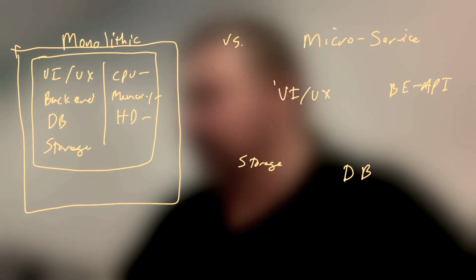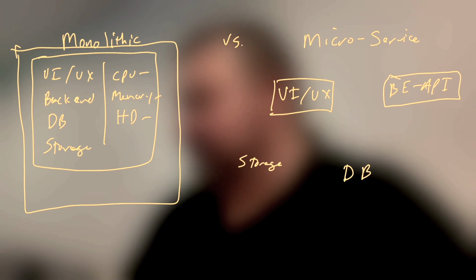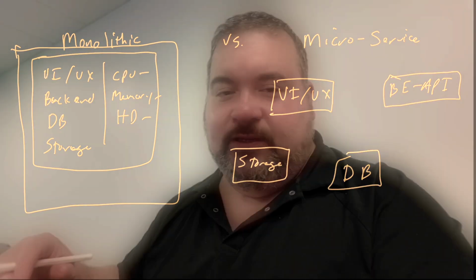So each of these is going to be self-contained, right? So self-containerized. So we have our UI UX basically built in a separate container. Your backend API, separate container, database in its own, and then storage. And I'm using container as loose. I'm not talking about containerization yet. I'm talking about just, it's its own little box, whether it be an instance, a server, a container, whatever, but it's living on its own.